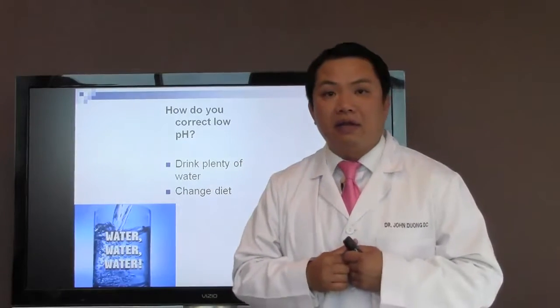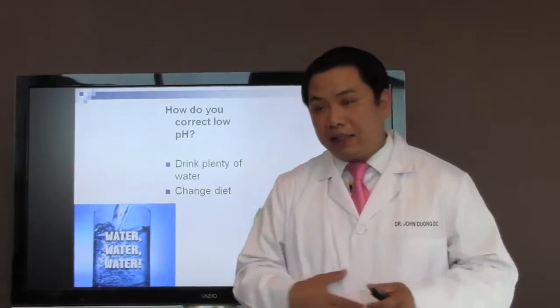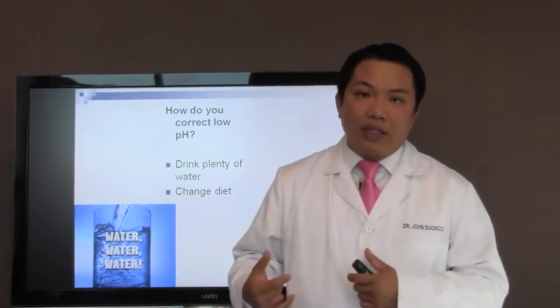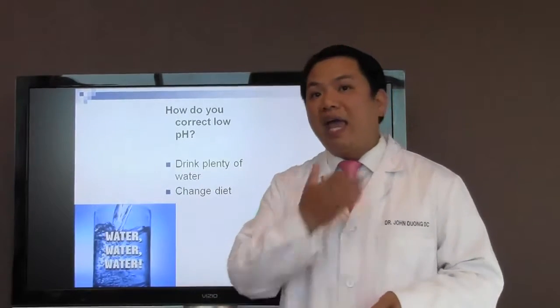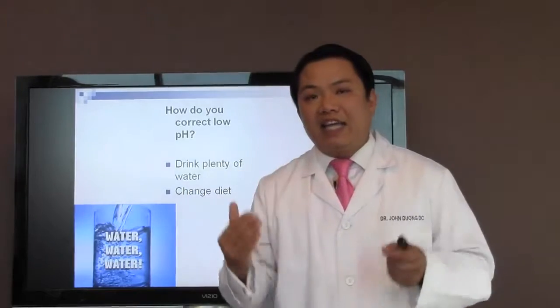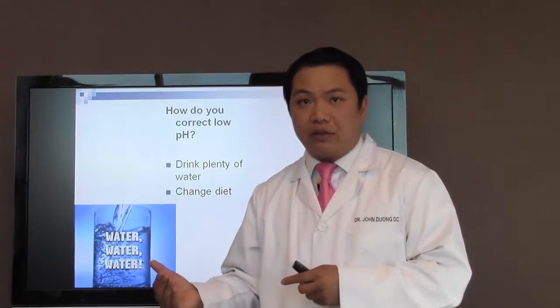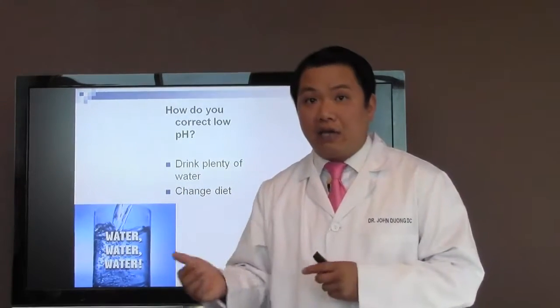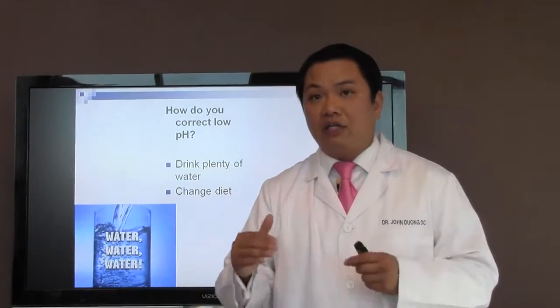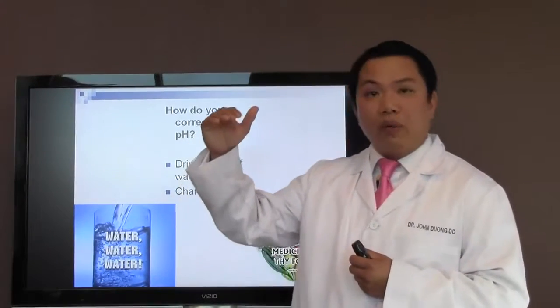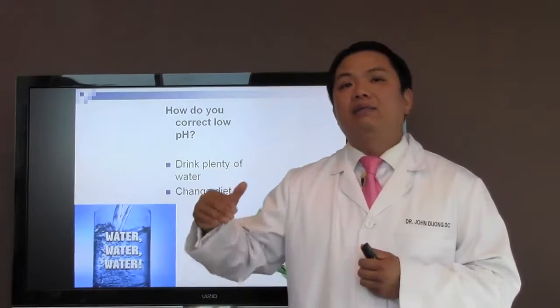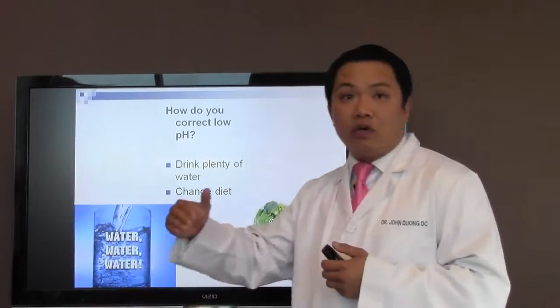Where can the infection be? The infection can be in the gut area, it can be in the organs area, and more importantly, we have to look at dental infections. Okay, we'll go over that in later videos, but infection is what we're looking at when we supplement the body with minerals and your pH is still low.